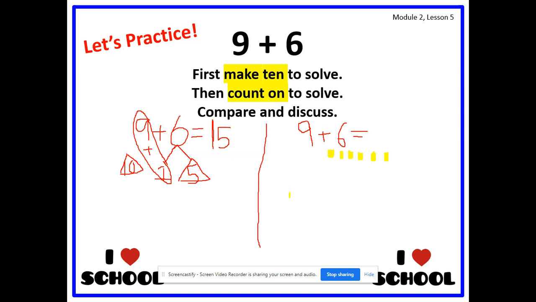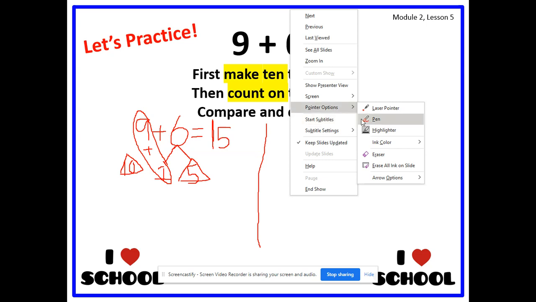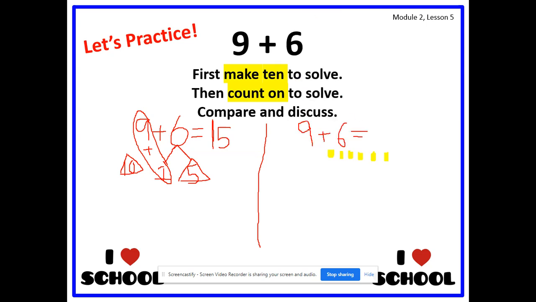Now let's count on. Ready? Starting counting on from 9. Get ready. 9, 10, 11, 12, 13, 14, 15. What's our answer, boys and girls? Get ready. Yes, 15.